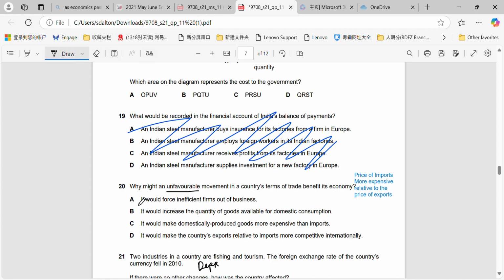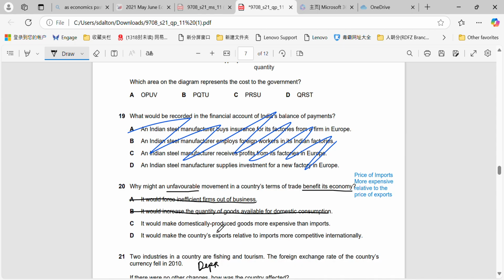So it would force inefficient firms out of business. Well, that's not going to benefit its economy, which we're told here. Increase the quantity of goods available for domestic consumption. Definitely not. If the price of imports become more expensive, it may restrict the quantity of goods available for domestic consumption, and that might be because, for example, it may become harder for us to import raw materials.